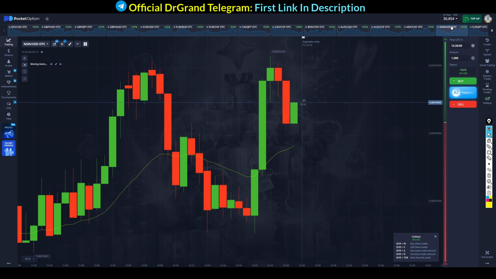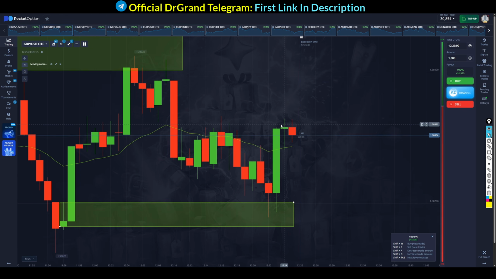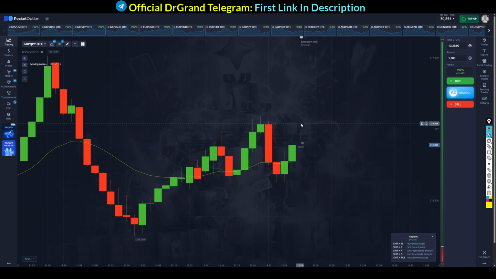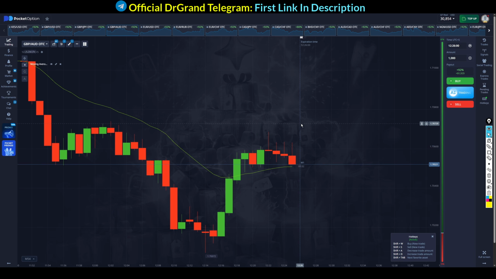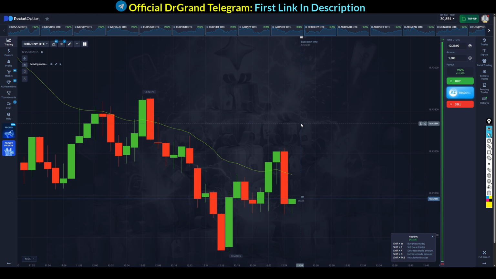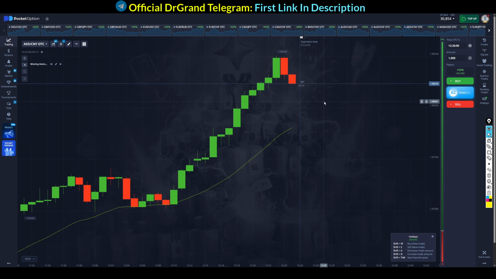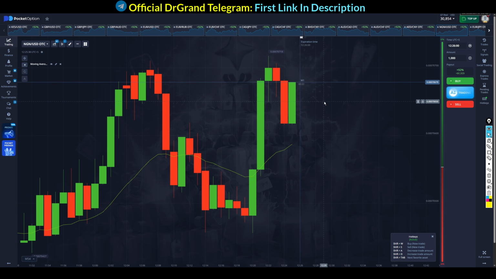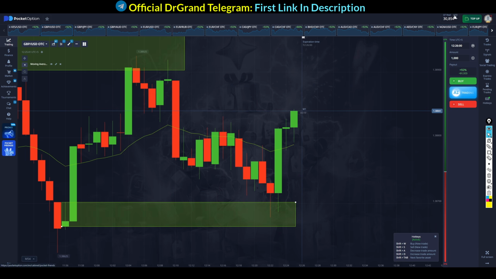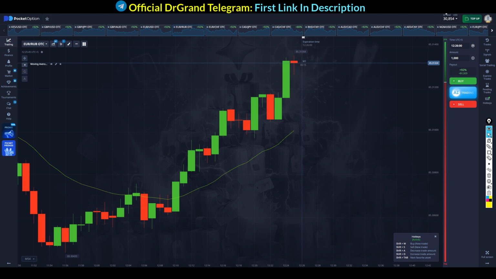I'll try to keep looking for other opportunities and see. Yeah, it's pretty cool to quickly switch between pairs like this without needing to manually click each pair. And I think it has a bug too. It goes to the browser buttons like that.